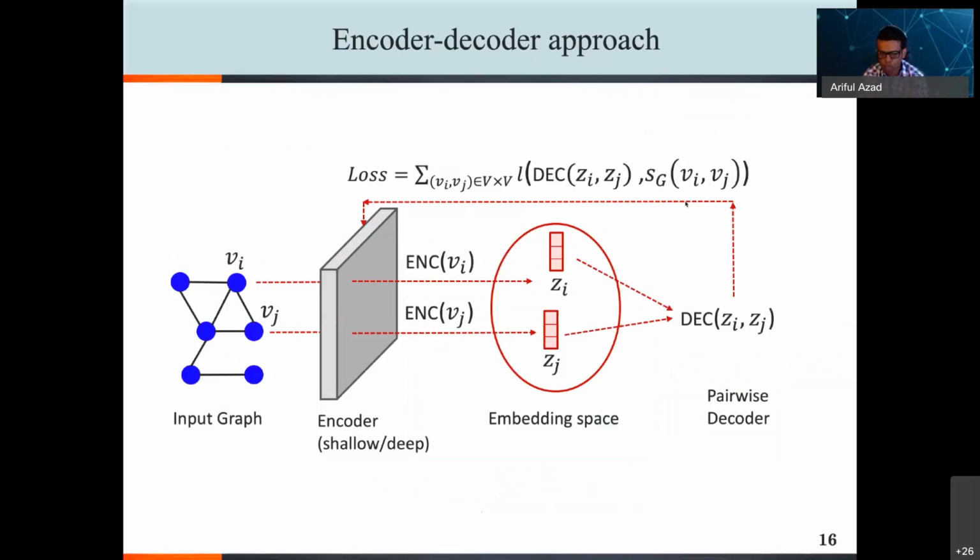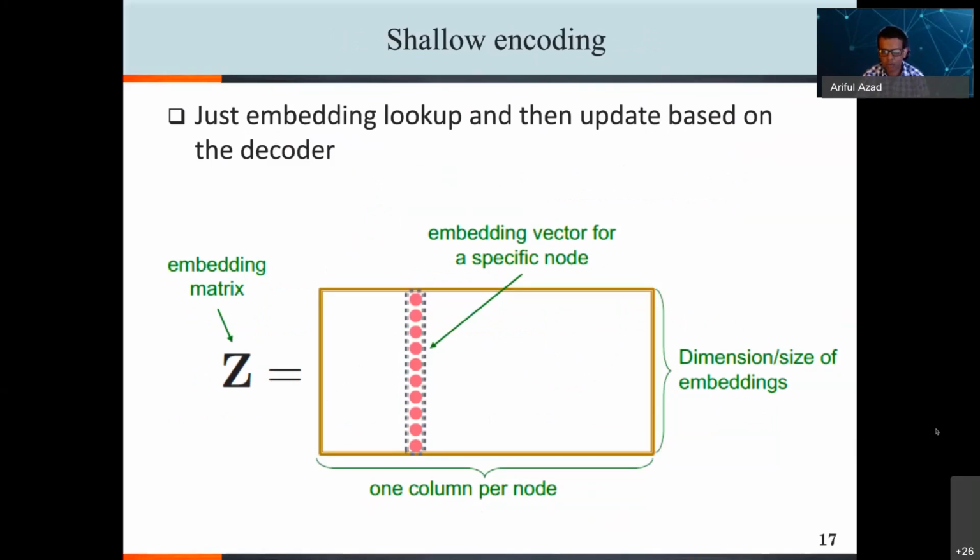And how do we encode them? Here I put a bar. It can change from one approach to another. This is a brief table of graph embedding, but typically, in the state of the art, we have two approaches. One is called shallow embedding. A shallow embedding is nothing but an embedding table.